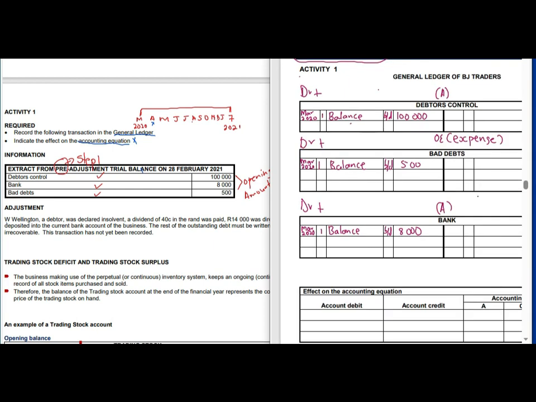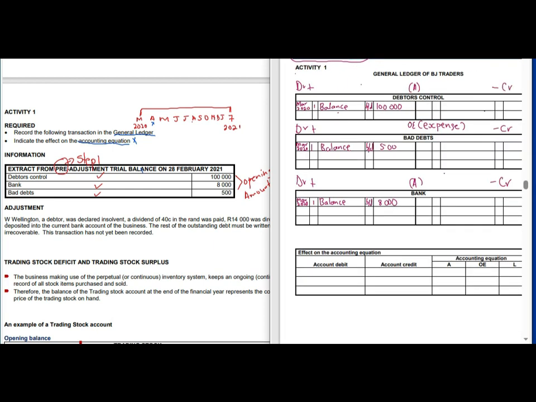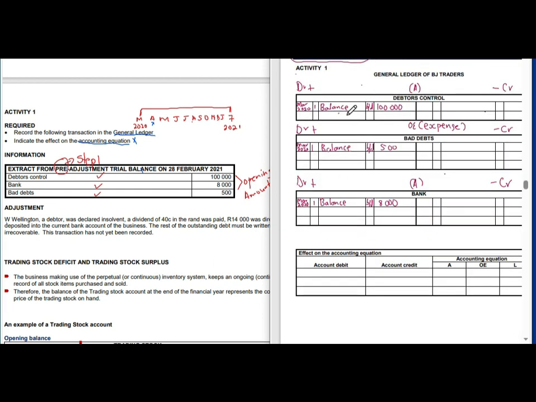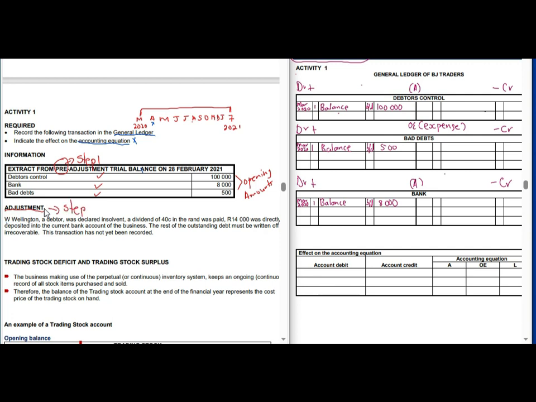Since we have recorded our opening balances, now we can move to our second step, which is the adjustment. Step 2: we read the adjustment.